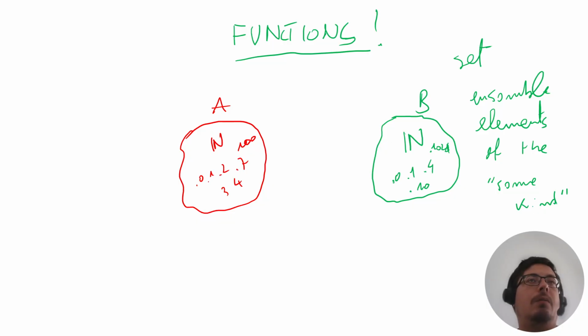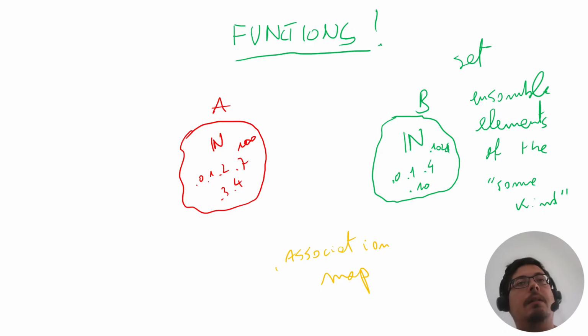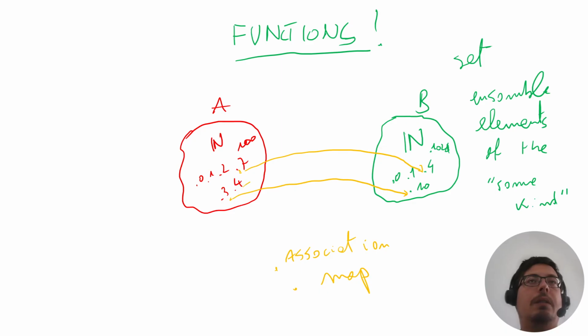So now what do we call a function? A function is an association, or a map, if you want, that links each of those elements to one element on the other side. So there is a way, which can be as complicated as you want, to associate numbers to the other set.